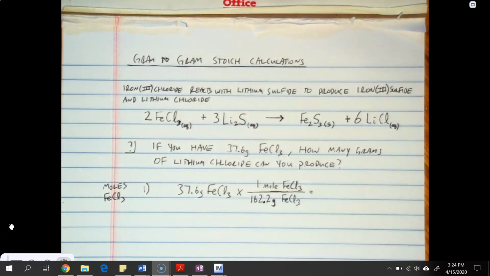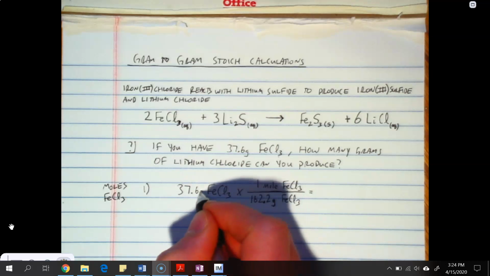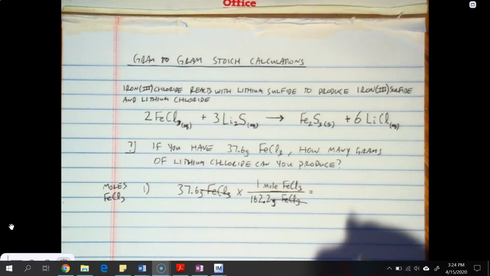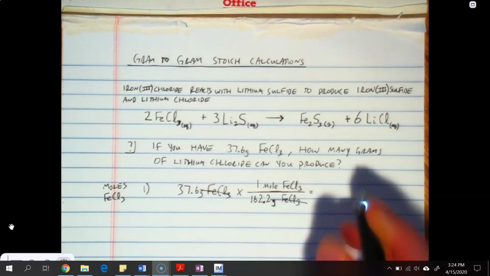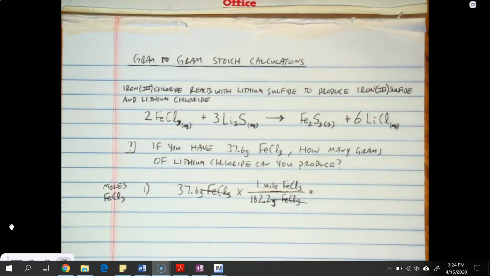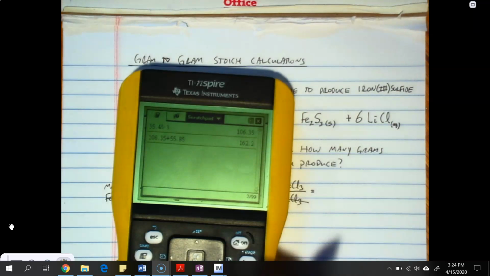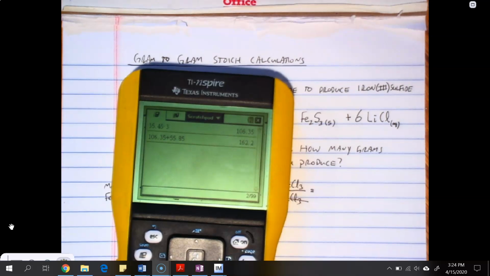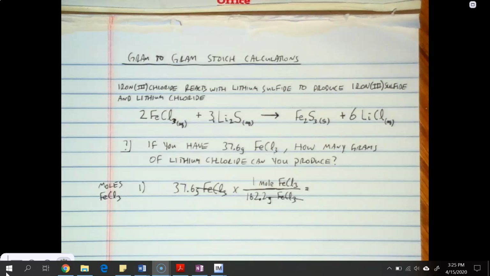Okay, hopefully you had a chance to figure out that the molar mass was 162.2 grams for 1 mole of FeCl3. And the reason I put my grams of FeCl3 on the bottom of this fraction is so that my units, when I do this math, can cancel. All right? So to figure out my answer, all I'm going to do is, sorry about that.